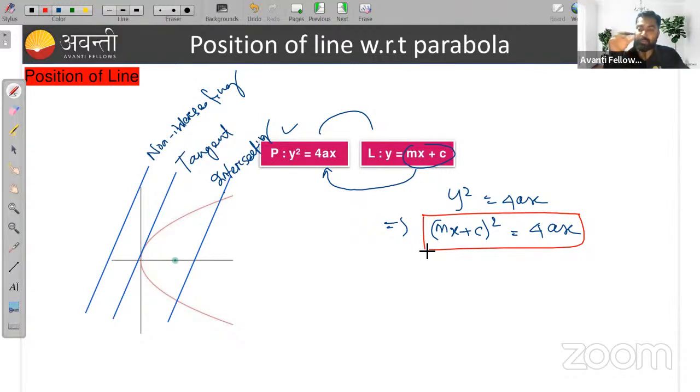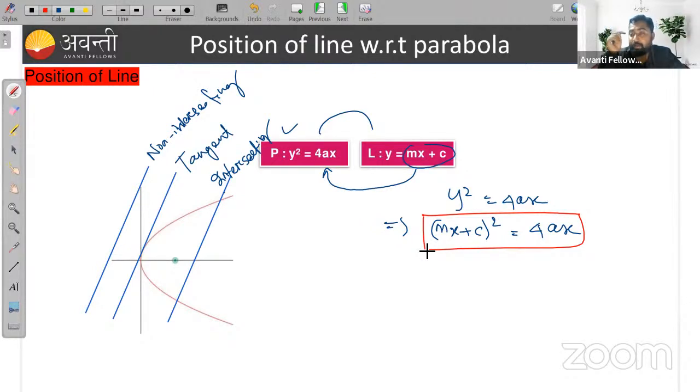By solving these two equations, you will get a quadratic equation. We know that in a quadratic equation, when the discriminant is greater than 0, we have two real and distinct roots.